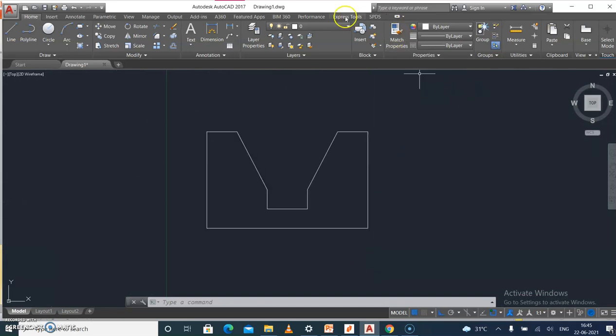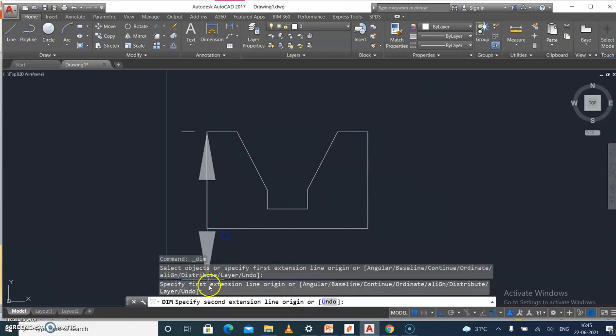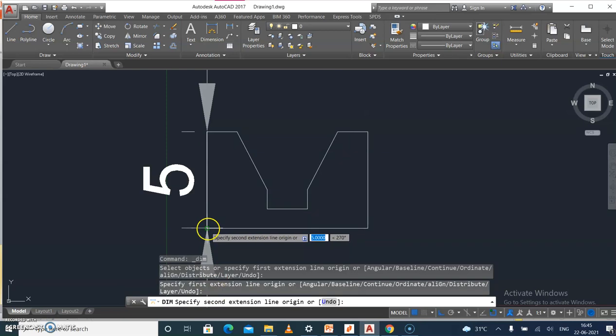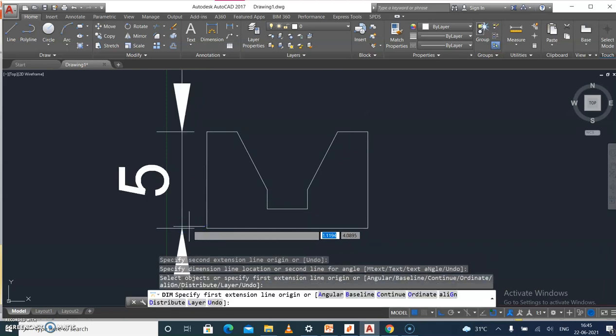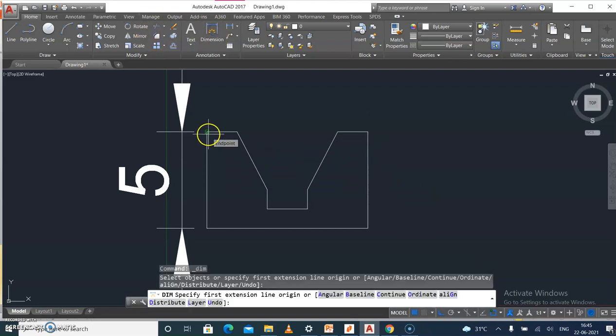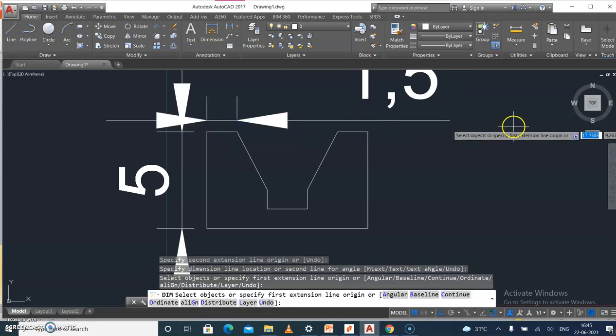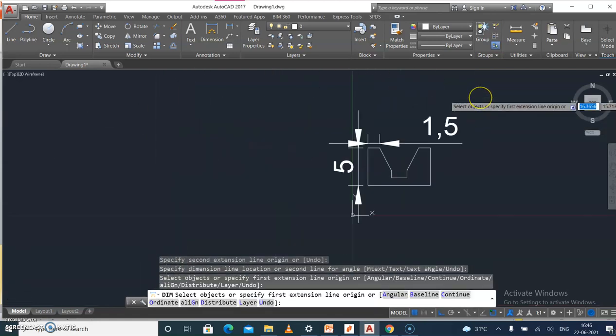Now take the dimensions of this. So this is the dimension of this distance. Then similarly, for this line to this line I will take 1.5. So this is the 1.5.